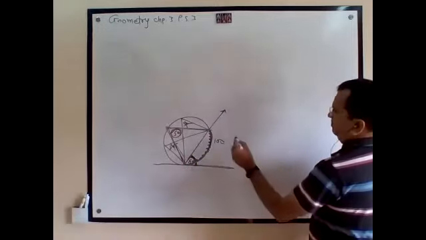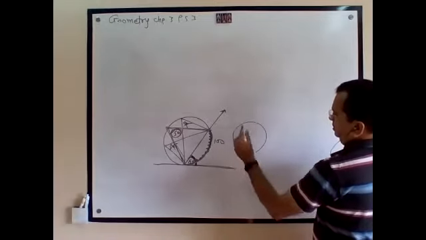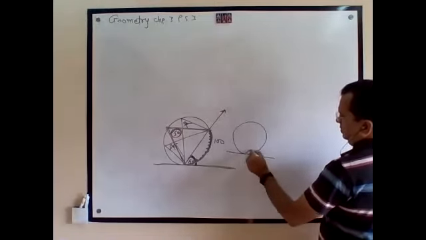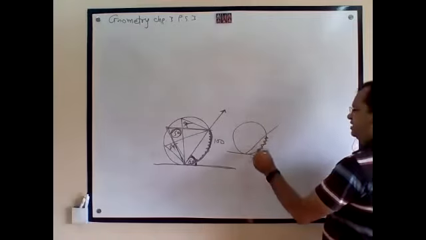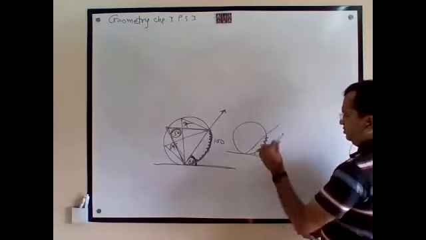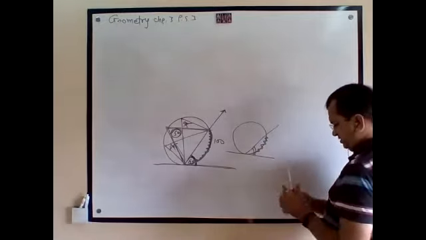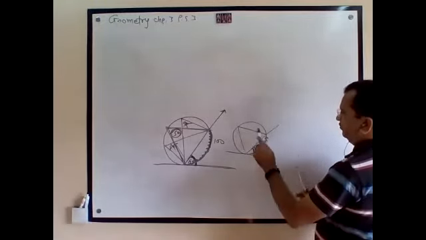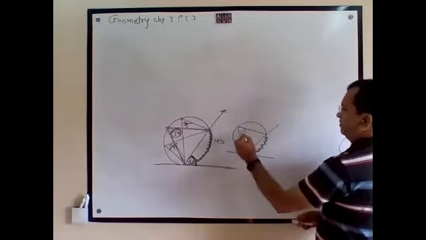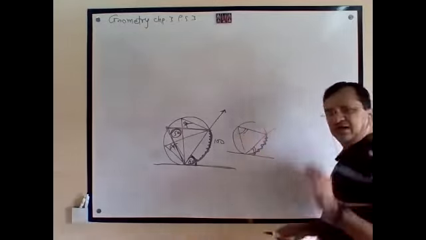Again, same. Whatever this arc, this one is half of that. Whatever this arc, this is half of that same. So this and these are equal.